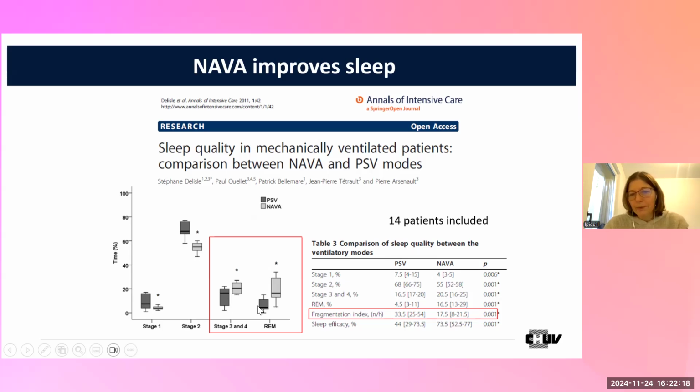And you can see that the fragmentation index, which is a way to express the microarousals, was much lower with NAVA compared to pressure support ventilation.